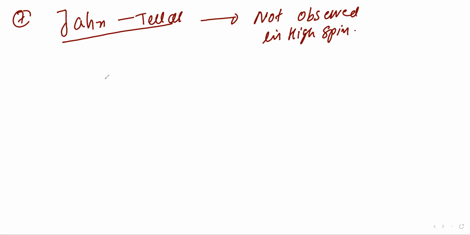So Jahn-Teller distortion is generally significant for asymmetrically occupied eg orbitals.